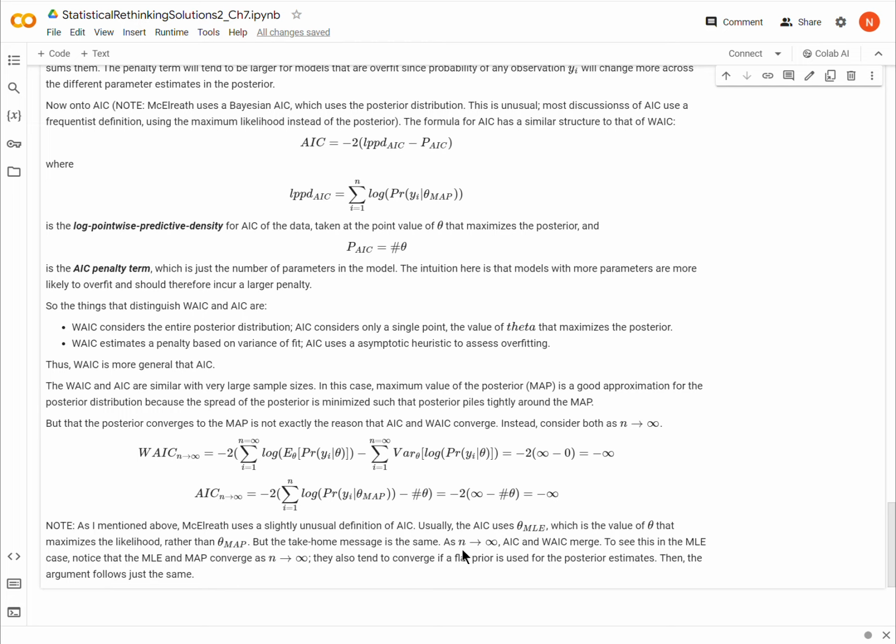In either case, the maximum likelihood estimate converges to the maximum a posteriori estimate as n goes to infinity, in which case the same argument just goes through, just as we've already done. So again, the MLE and the MAP converge as we have infinite data.